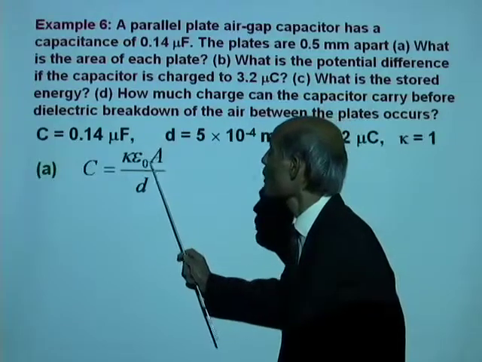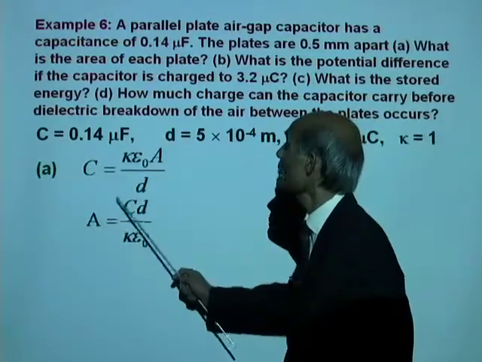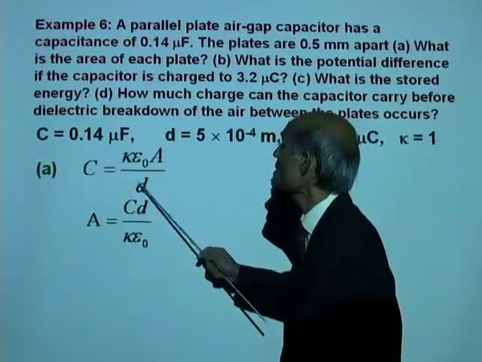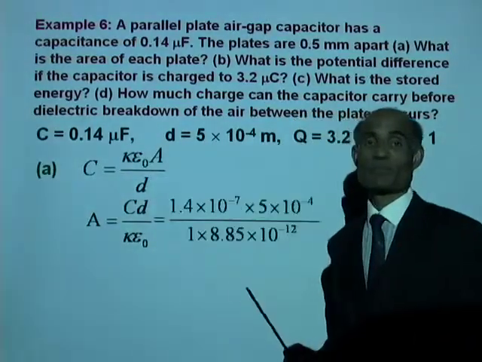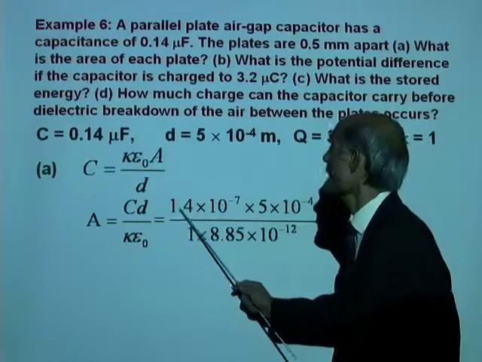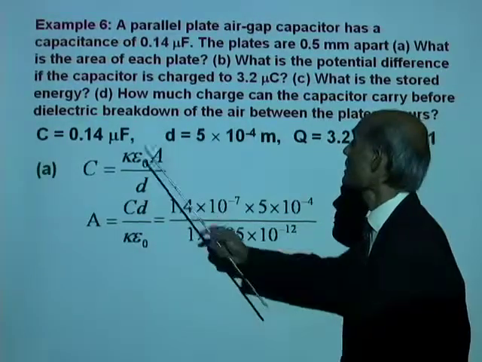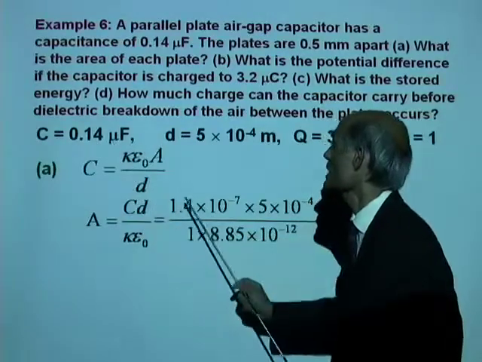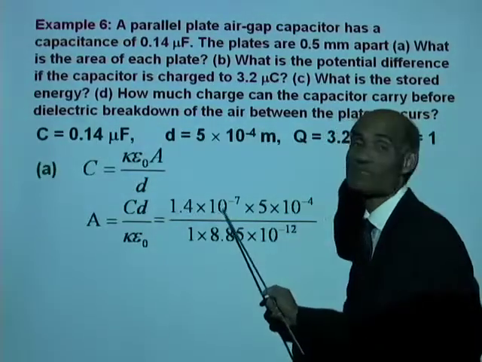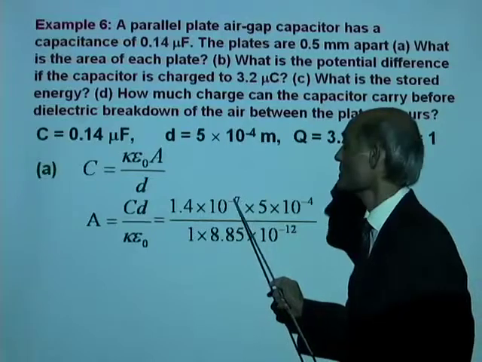So solve for area from there. Area equal to CD divided by kappa epsilon naught. And you know the capacitance. Is that right? That will be 0.14 microfarad, which is 1.4 times 10 to the negative 7 farad.